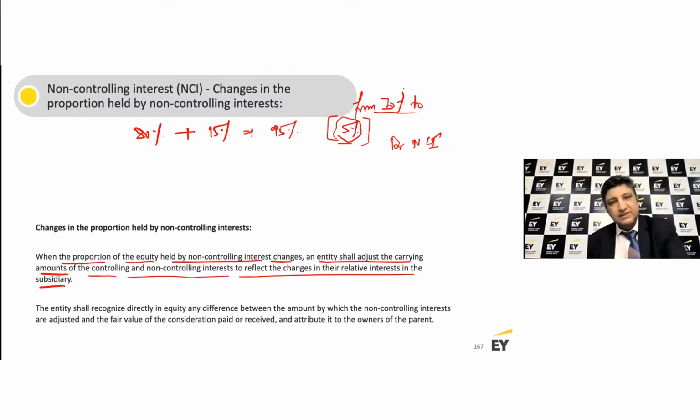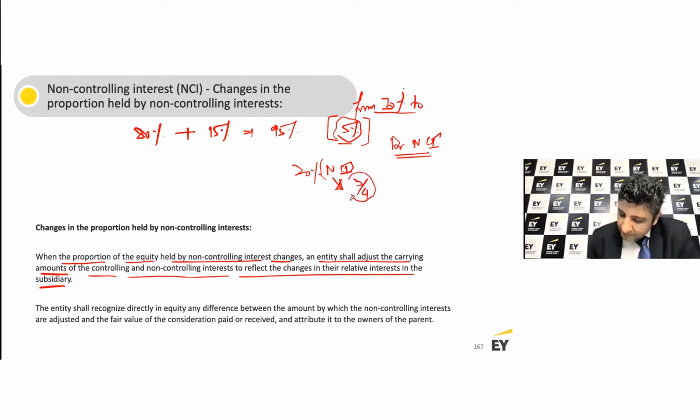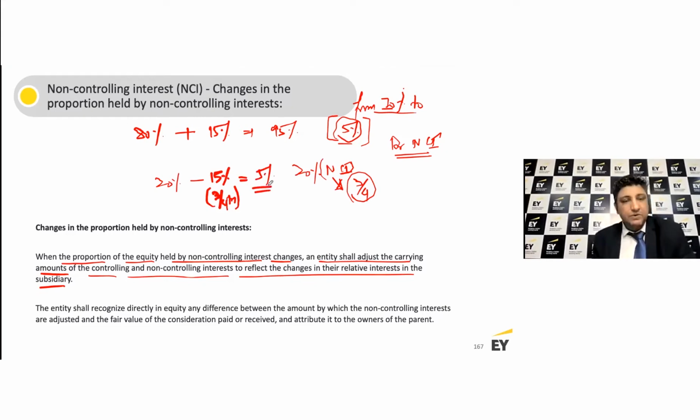It would otherwise have been sitting in the credit only. To what extent? Whatever is the value of that 20% NCI, you simply eliminate three-fourths of the value. Effectively, from the 20%, you are taking away three-fourths of the value, and that's why the balance is 5%.